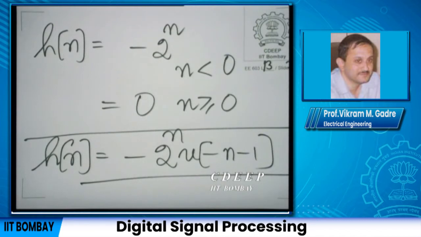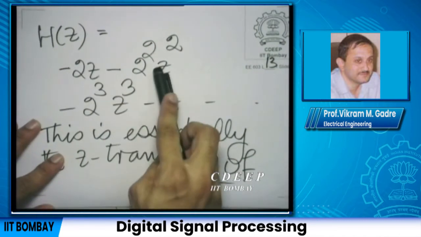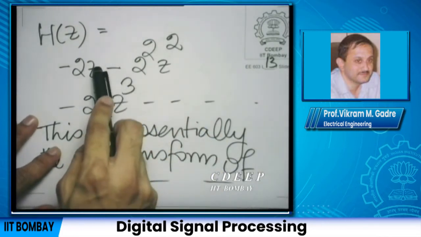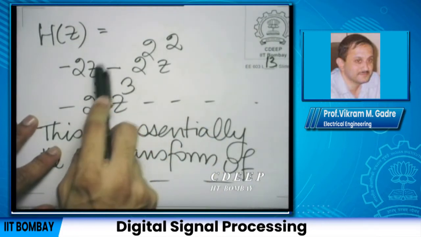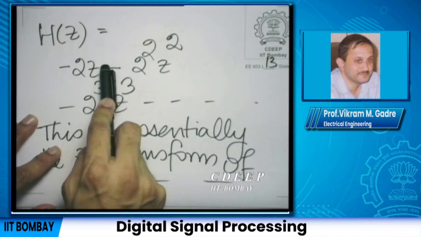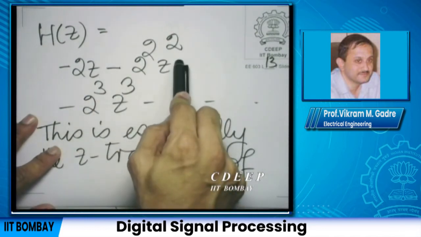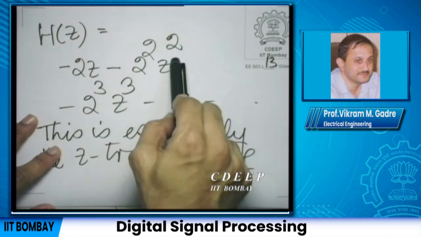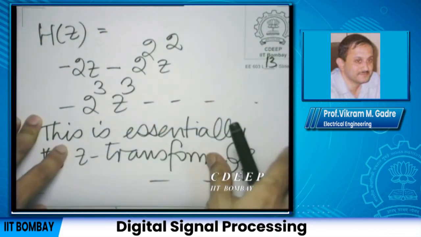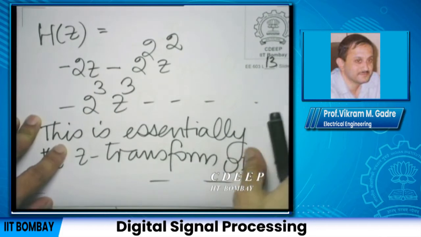I mean, the way we've arrived at that conclusion is that you have a summation here. You can identify z is contributed by the sample at n equal to minus 1. Z squared is contributed by the sample at n equal to minus 2 and minus 3 and so on and so forth. And of course, you can see there are no samples from 0 onwards.